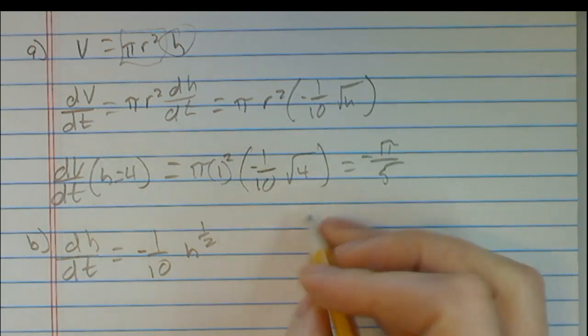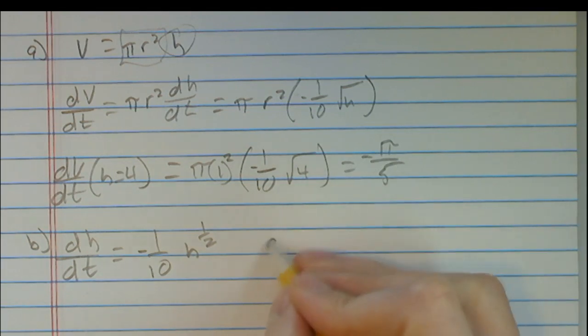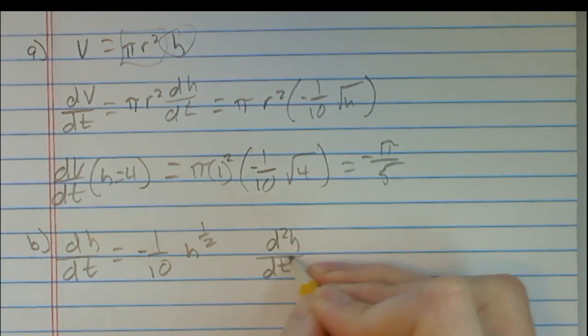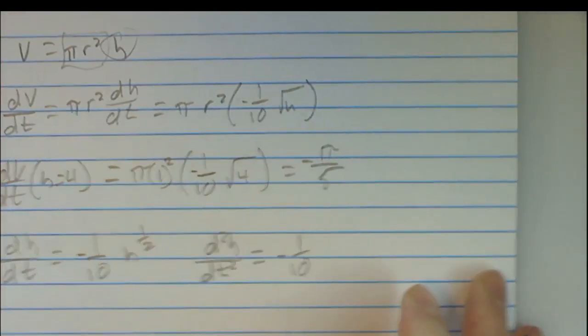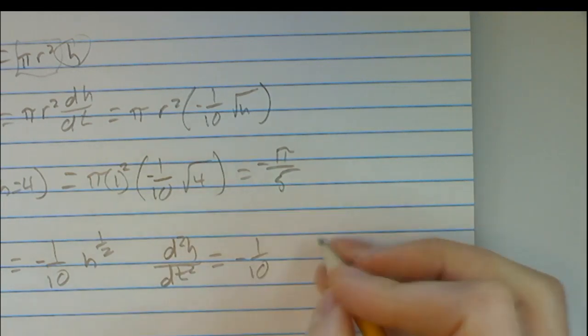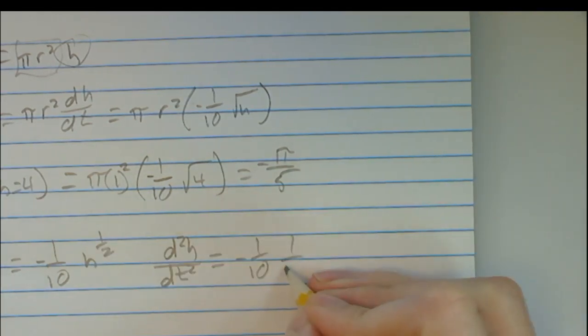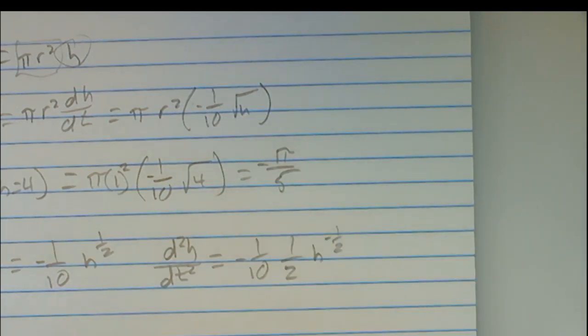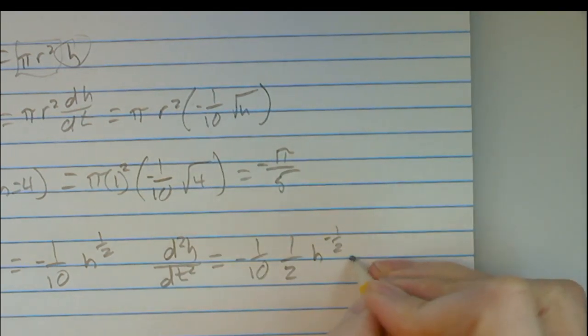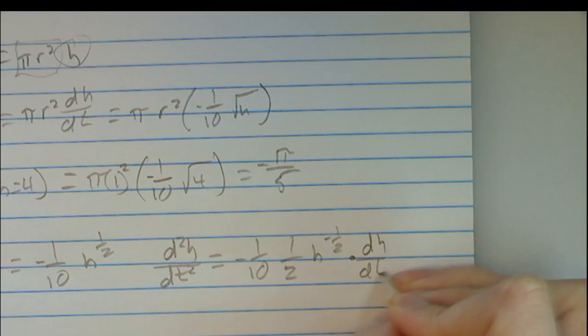Our second derivative, d squared h over dt squared, will be negative 1/10 times 1/2 times h to the negative 1/2, times, since this isn't t, we need to also multiply it by dh/dt.